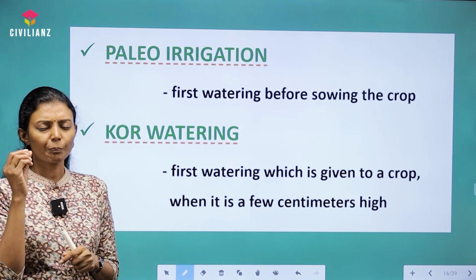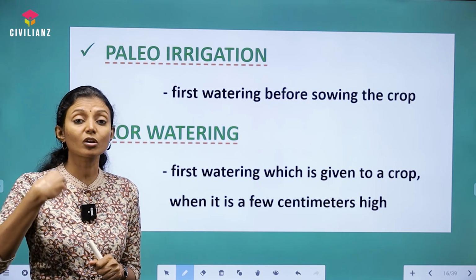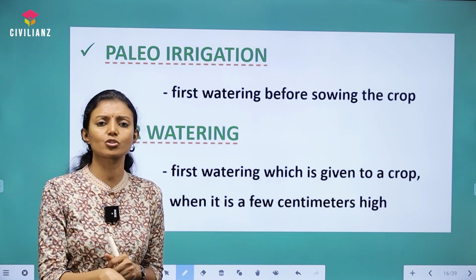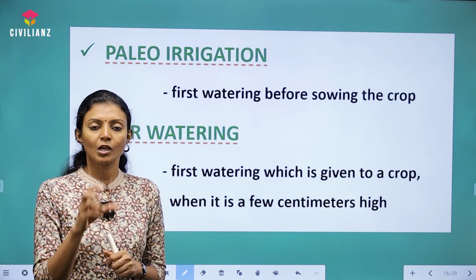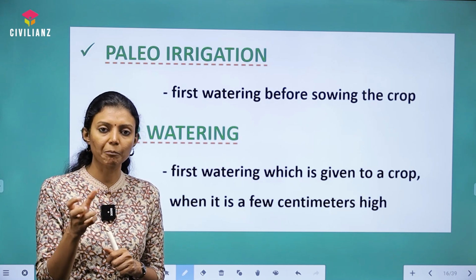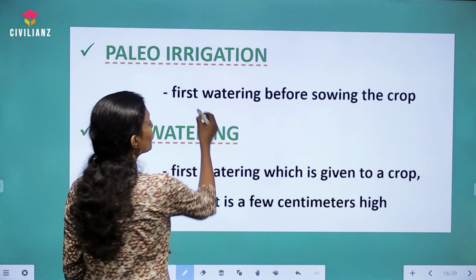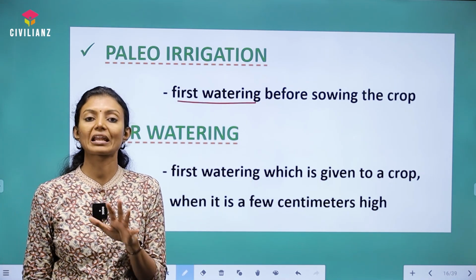Paleo irrigation means the first watering before sowing the crop. So why are we applying water before sowing? We are providing a basic moisture to the soil. So paleo irrigation is basically applied for the soil and not the crop. That is basically for land preparation.